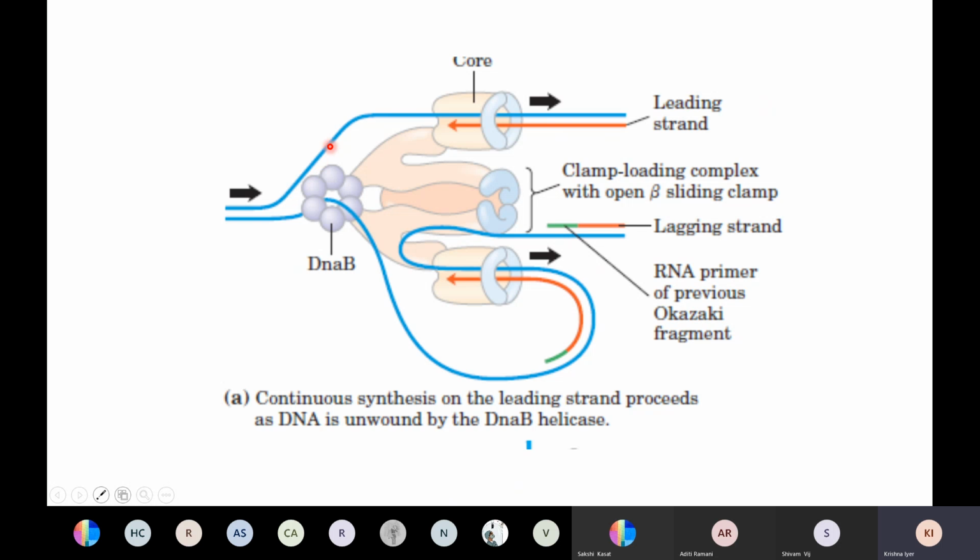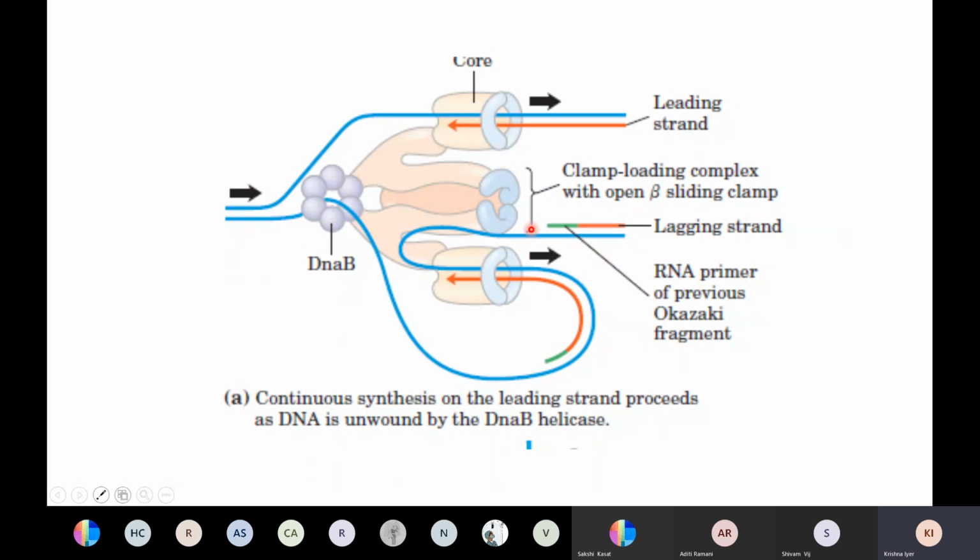This is one of the strands in which the orientation is 5' to 3'. Because of that, I can make a primer here and start my synthesis of the leading strand, and that will go continuously in this direction because my replication fork is moving in this direction. Now see what the polymerase actually does with respect to the other strand.